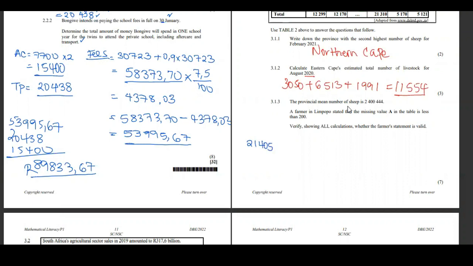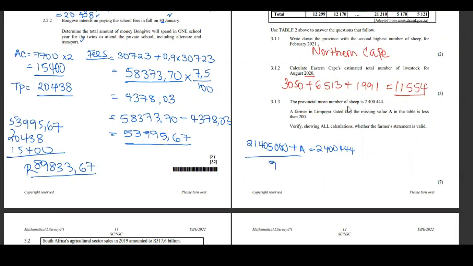But remember these are thousands. So you put plus the missing A should give me the answer, which was divided by 9.